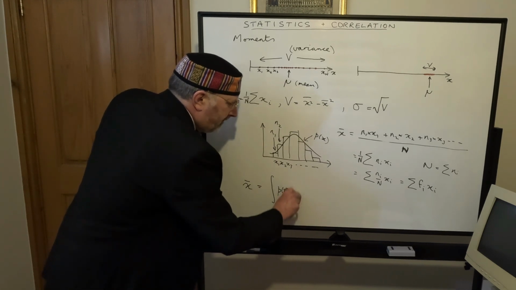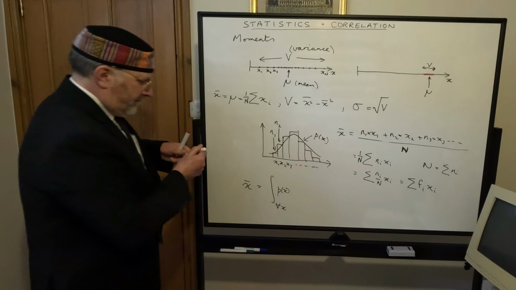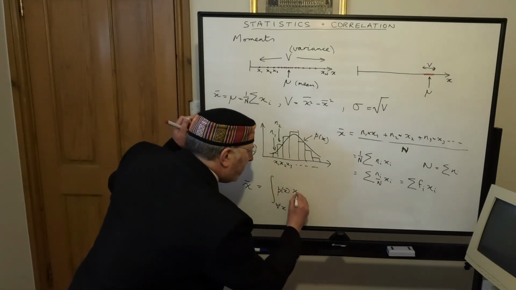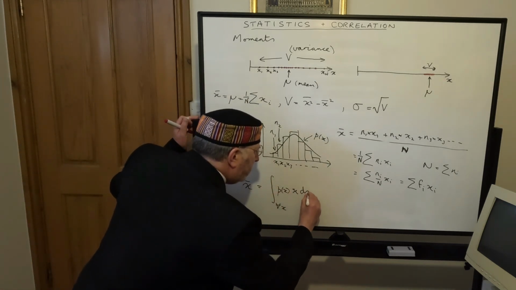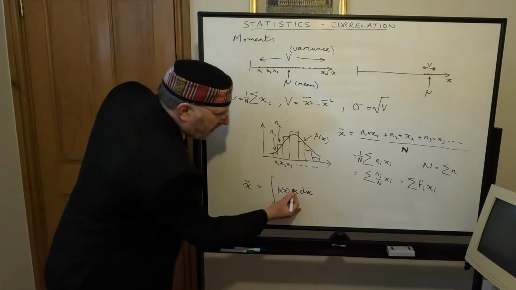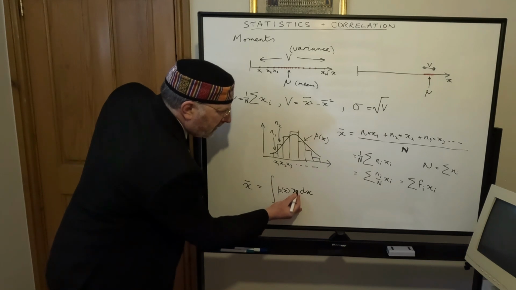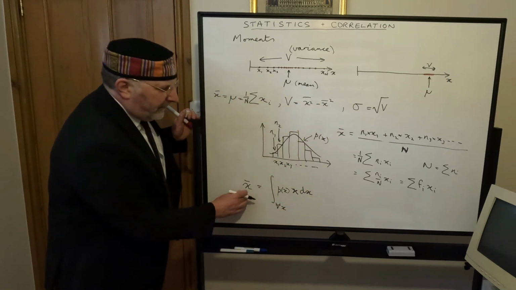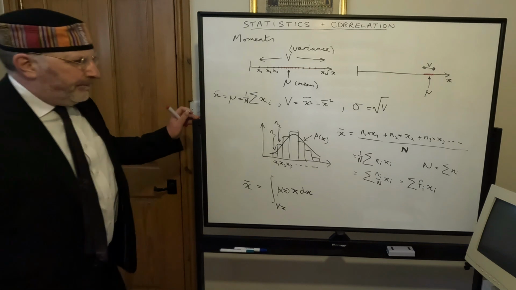So we put p of x times x dx. So for a continuous variable, that is the formula for the mean x bar.